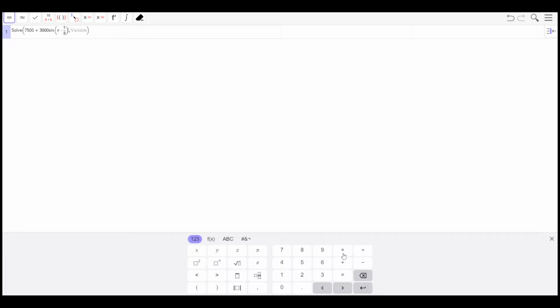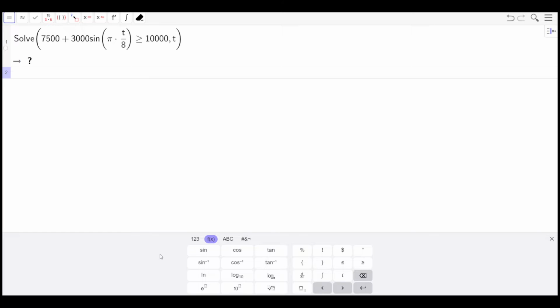Okay, and then greater than or equal to. Greater than or equal to is where? It's here. Greater than or equal to 10,000. And the variable is t. I don't think it will be able to. No, as I expected, it cannot solve trigonometric inequalities.